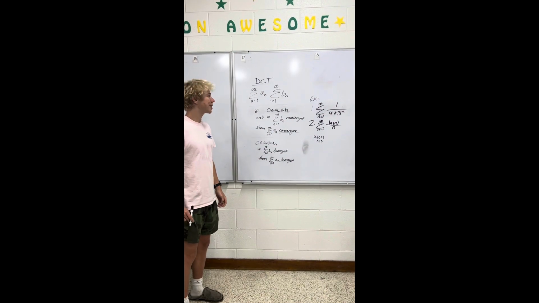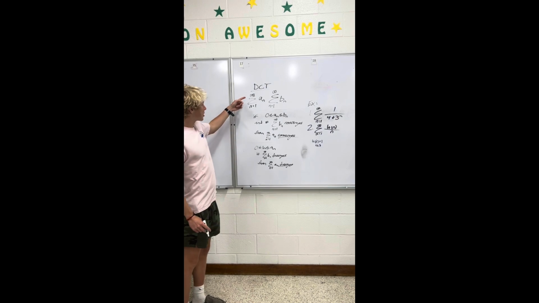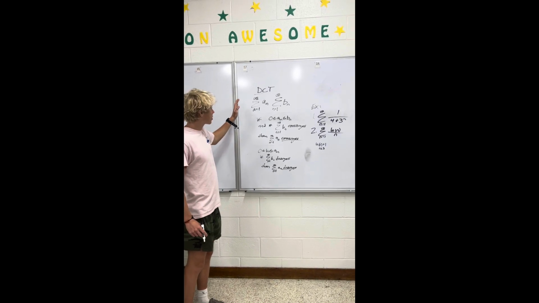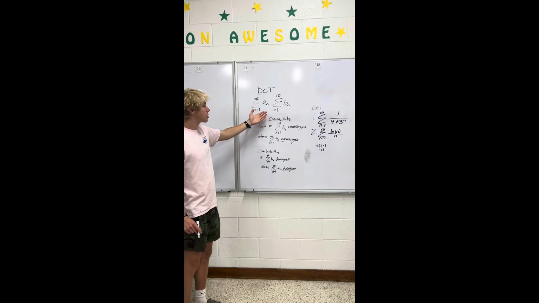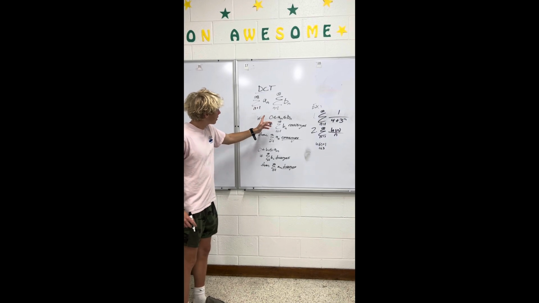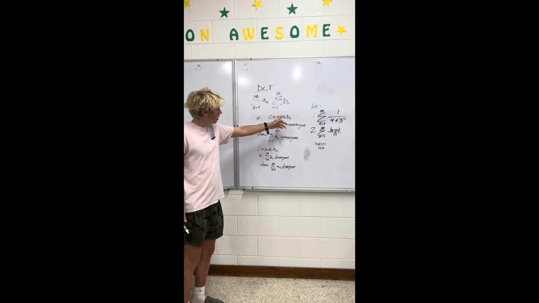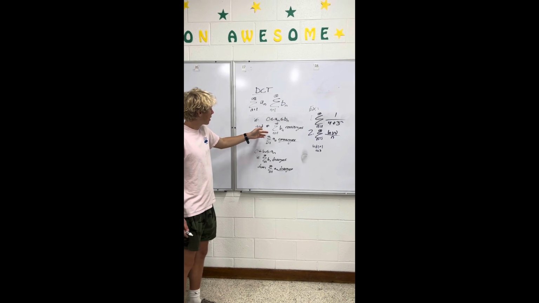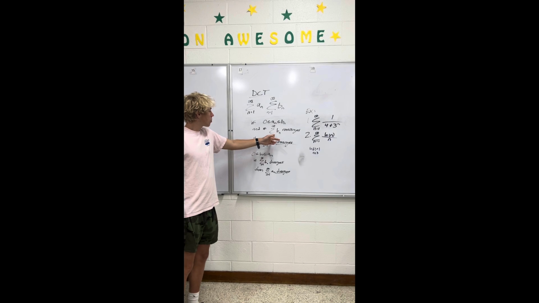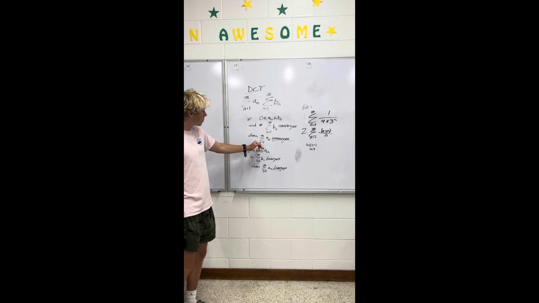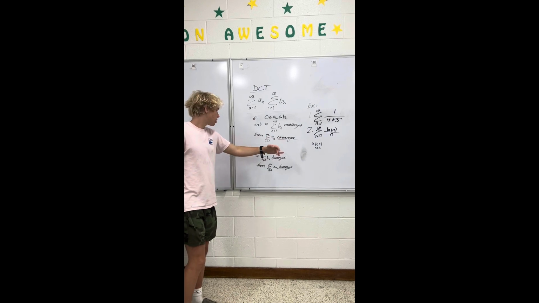Okay, so this is the direct comparison test, and the big idea is we have a big series and a small series. If 0 is less than or equal to a sub n is less than or equal to b sub n, and if the series from 1 to infinity of b sub n converges, then the series from 1 to infinity of a sub n converges.